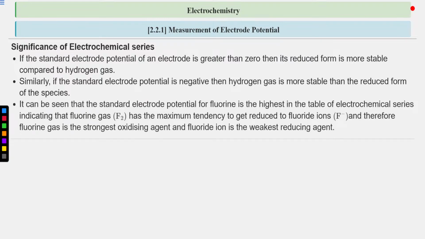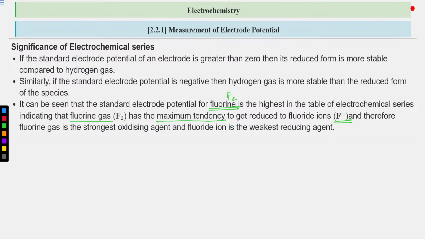Now, it can be seen that the standard electrode potential for fluorine, F2, is the highest in the table of the electrochemical series, right? We saw that fluorine is on top because its E naught value is the most positive, indicating that fluorine gas has maximum tendency to get reduced to fluoride ions, F negative.